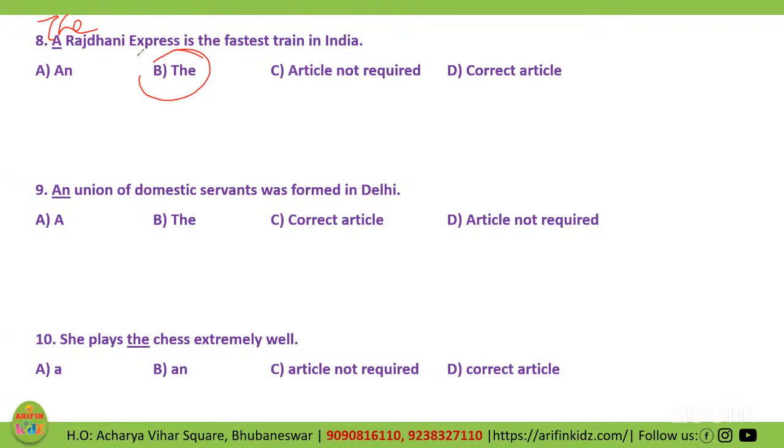Yes, send answers. Easy question. Yes, again, the pronunciation of union starts with Y, union, right? So it is a quiz, a union. A domestic servants union was formed in Delhi, right? Yes, correct answer, everyone. Good.